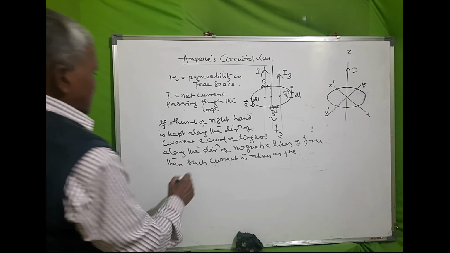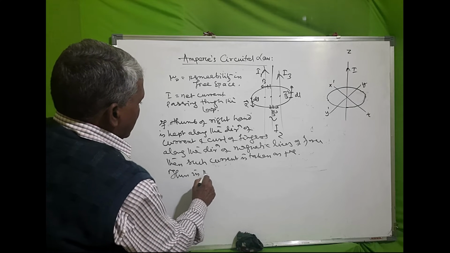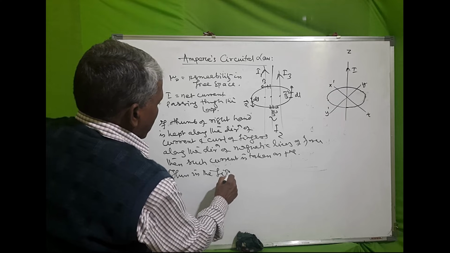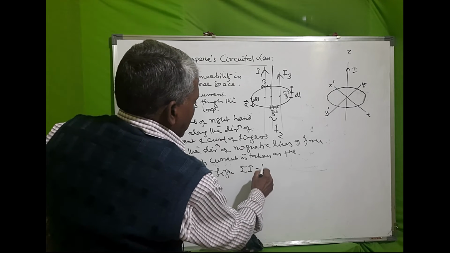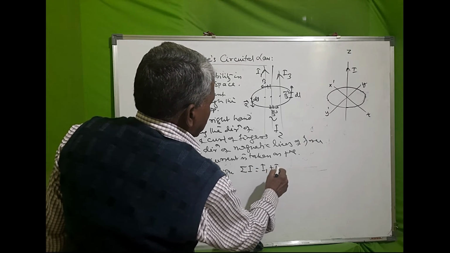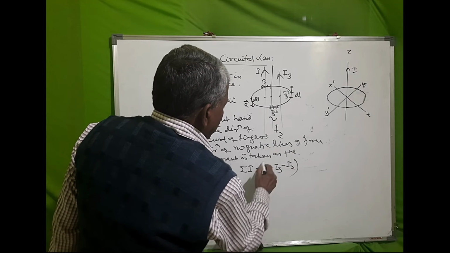Thus in the figure, net current I is equal to I1 plus I3 minus I2.